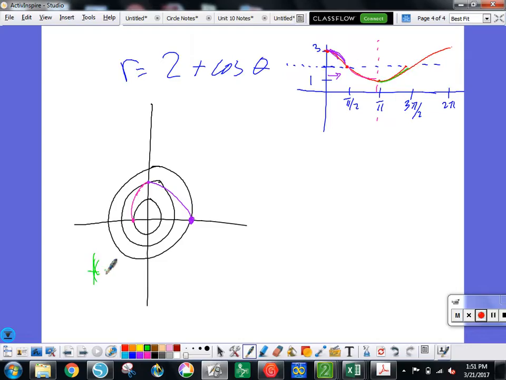Correct? And notice, I am going from 1 at pi, and at 3 pi halves, I'm going to be at 2. So basically, as my angle gets larger, so does my radius. Correct?